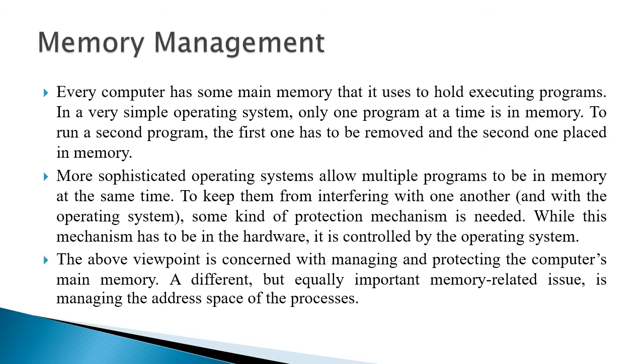To run a second program, the first one has to be removed and the second one placed in memory. So we cannot run more than one program at once, and it follows a logical order. It waits for the first one to finish before it allows the second one. When the second finishes, it brings in the third one, and the process continues like that.